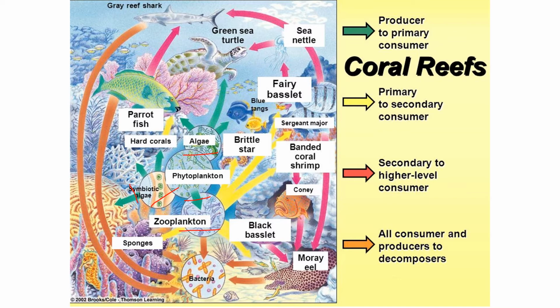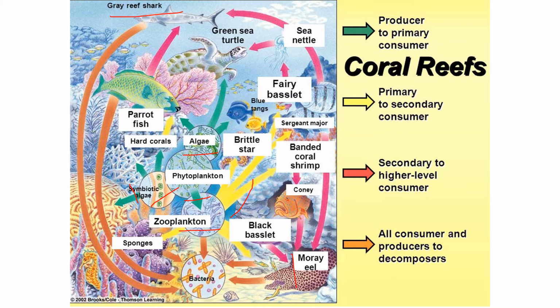You can find that zooplankton and phytoplankton are also eaten by the brittle star and other small fish. And turtles eat different sea algae, sea grasses, and jellyfish. And the small fish are also eaten by the top predator in the coral reef ecosystem, the shark. And the moray eel is also a top predator in this system.